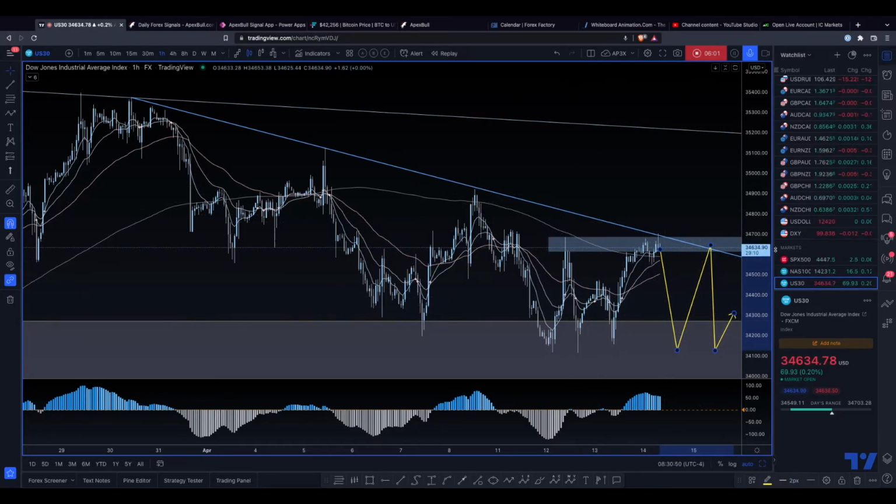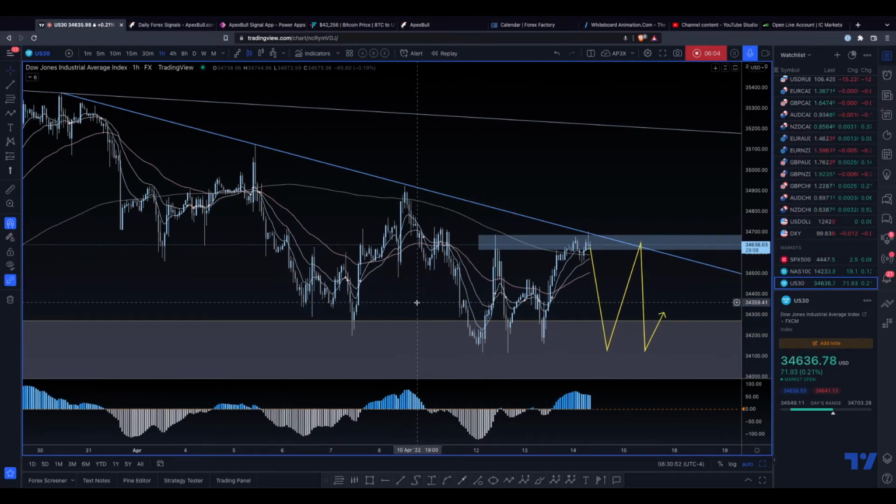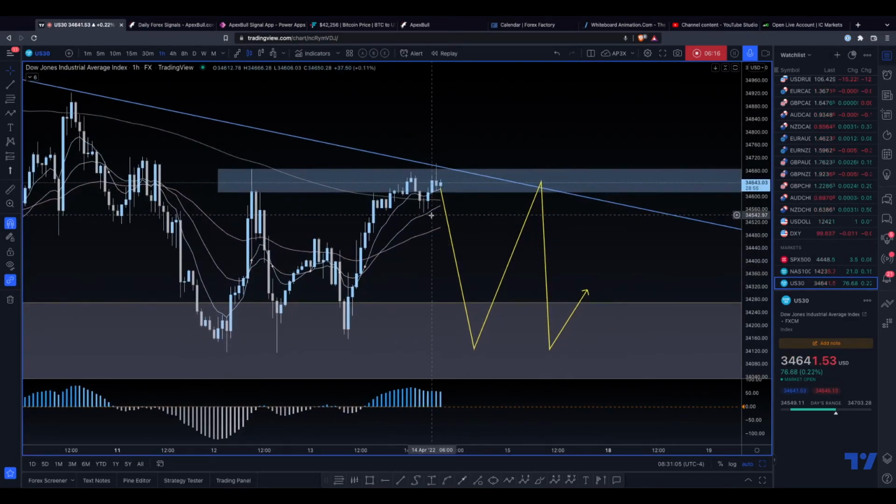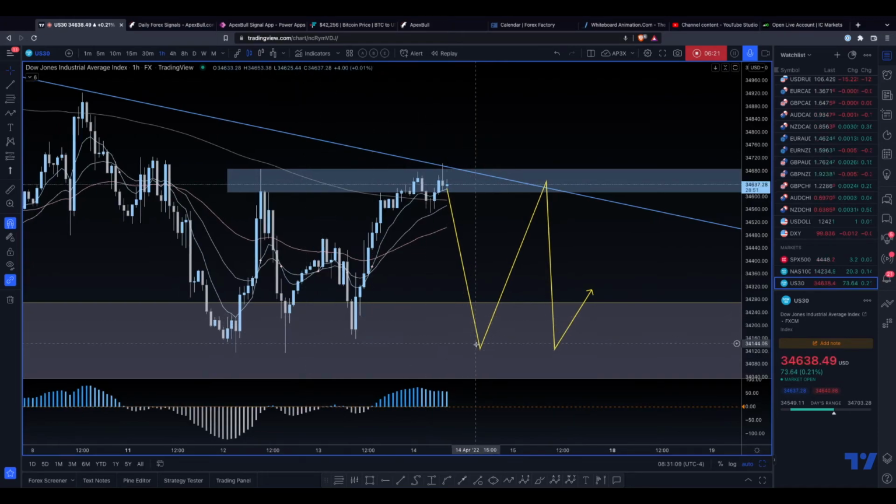But we can still be in a ranging market here, barring some news coming out and something happens. So if we are trading in this range right here, we can then sell again the breakdown of the price action and target these range lows on US30. So this is what I'm looking at.